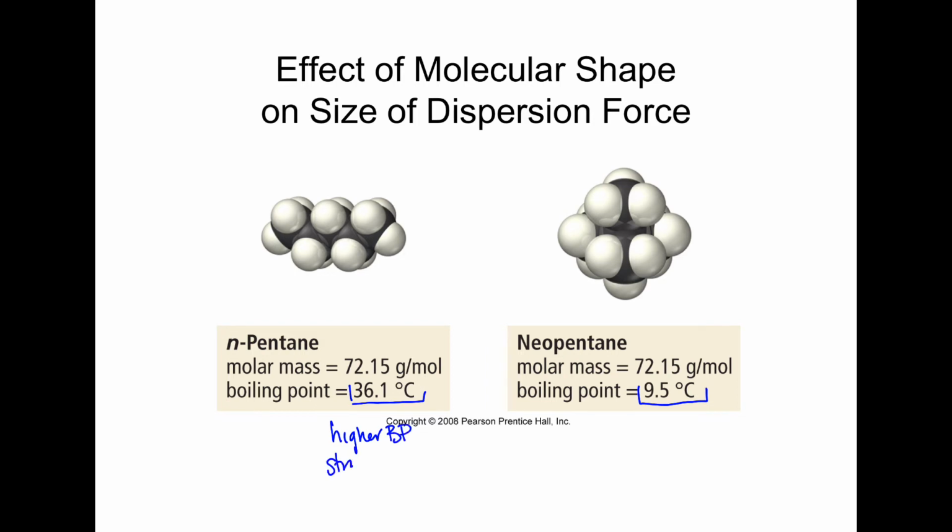has stronger intermolecular forces, and the lower boiling point has weaker intermolecular forces. But how can that be if they both have exactly the same molar mass and exactly the same chemical formula? And the answer is that the n-pentane, with its long carbon chain, has a lot of surface area.